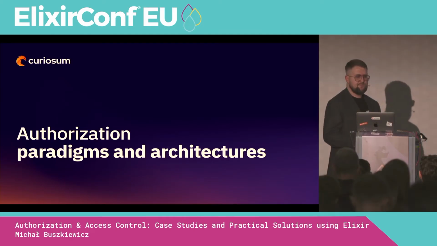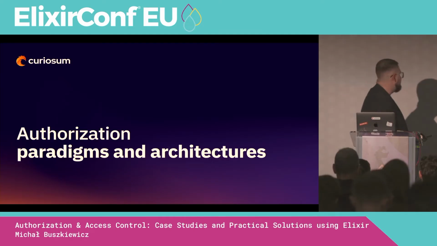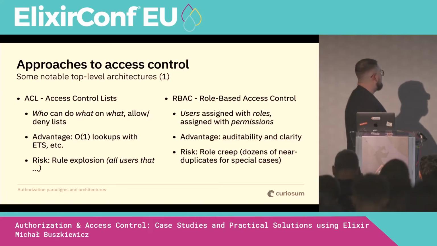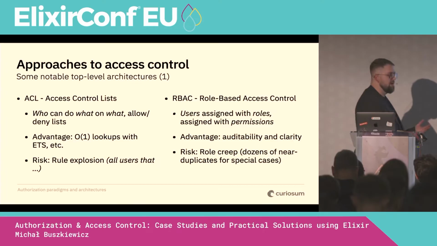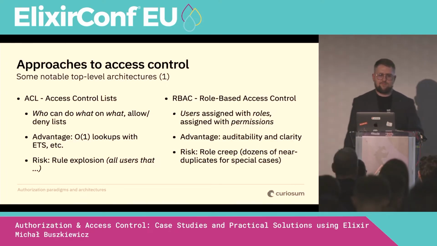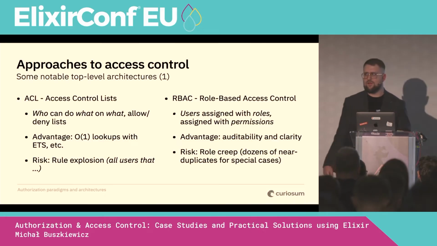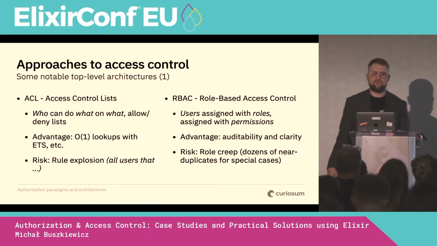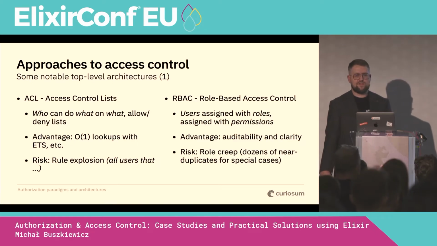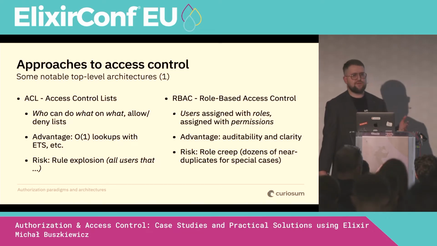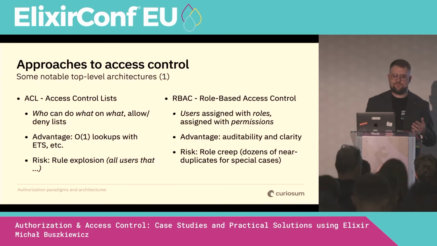So the first one is authorization paradigms and architectures. There are a few approaches to access control and several notable top-level architectures we can use. The first one, which might be seen as trivial, is ACL, which is access control lists. This is basically a structure in which we declare who can do what on what.